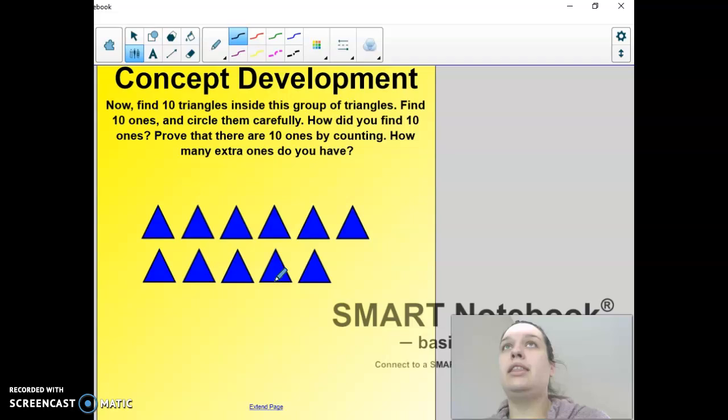Now, within that group, we have to find a group of 10 because 10 ones makes 1 ten. So we have to find this group of 10. We could count, or we could see if we could look for maybe a 10 frame. Let's count. 1, 2, 3, 4, 5, 6.